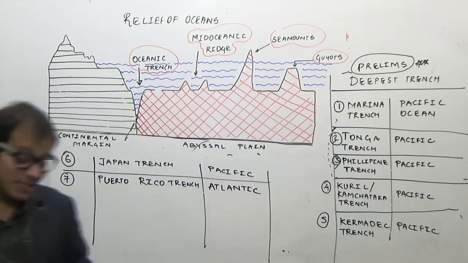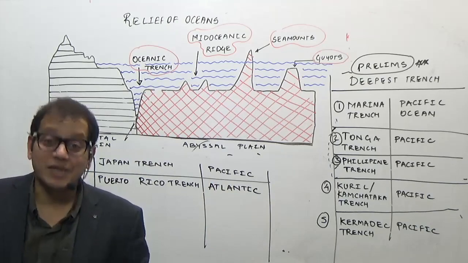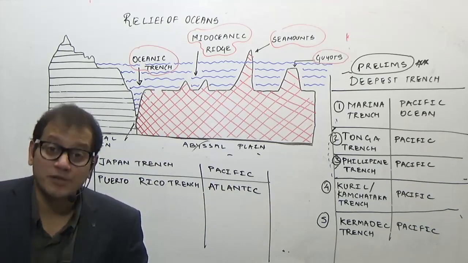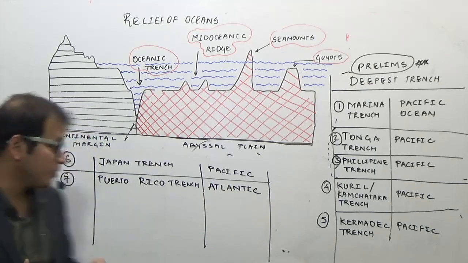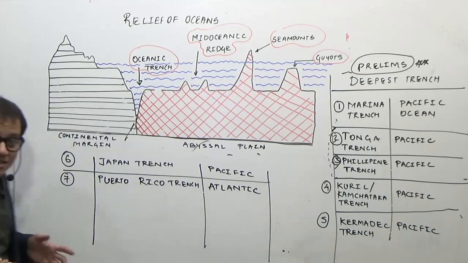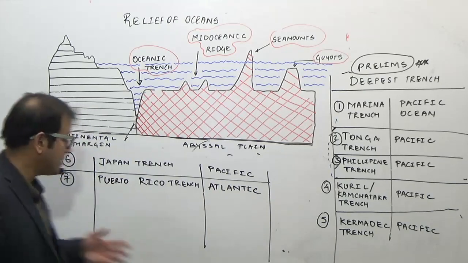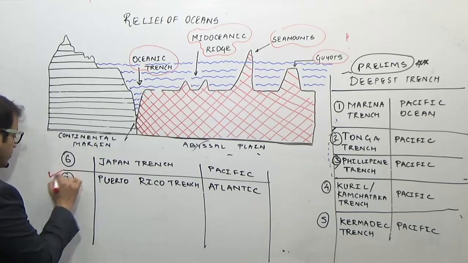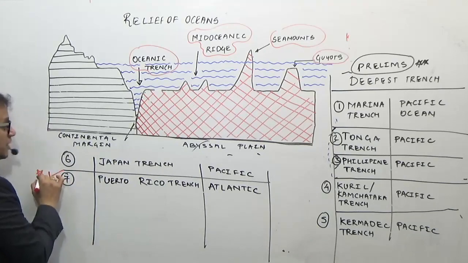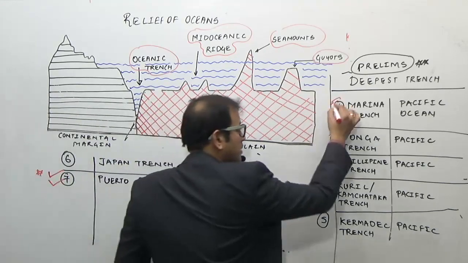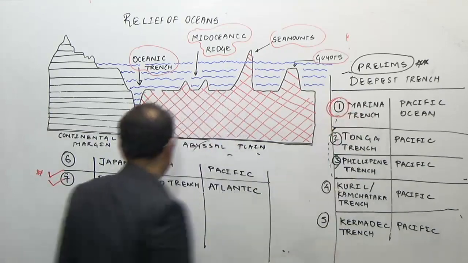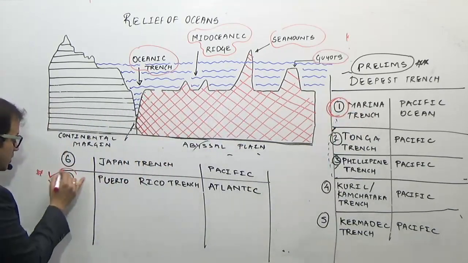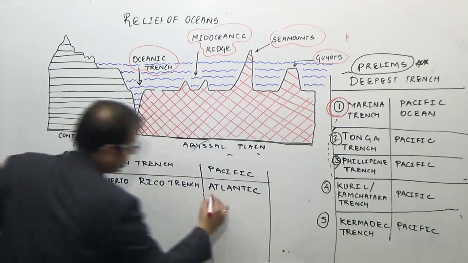So the initial 6 trenches are in the Pacific itself. Therefore the trenches dominate in the Pacific Ocean. The 7th deepest trench in the world is the Puerto Rico Trench, which is the deepest trench in the Atlantic. So remember: the deepest trench in the world is the Mariana Trench, and the deepest trench in the Atlantic Ocean is the Puerto Rico Trench.